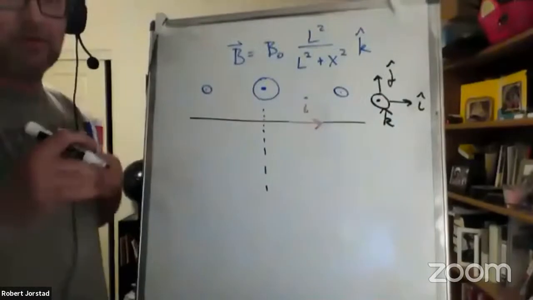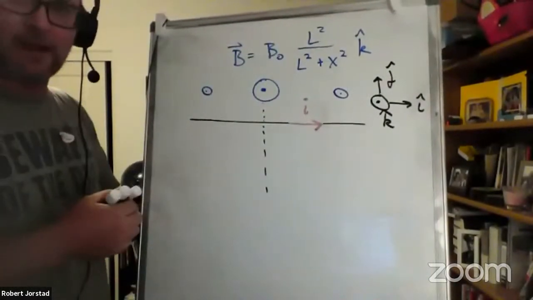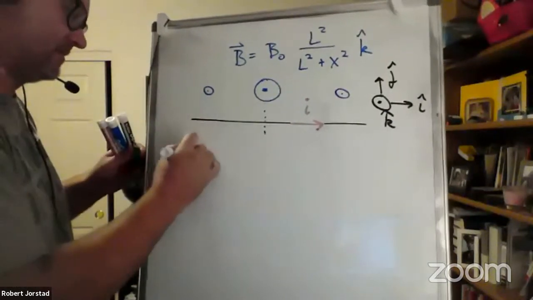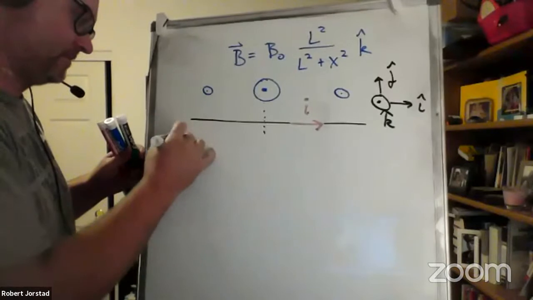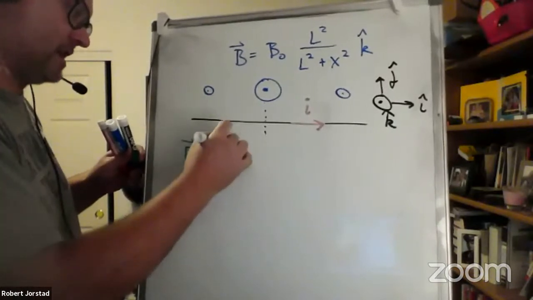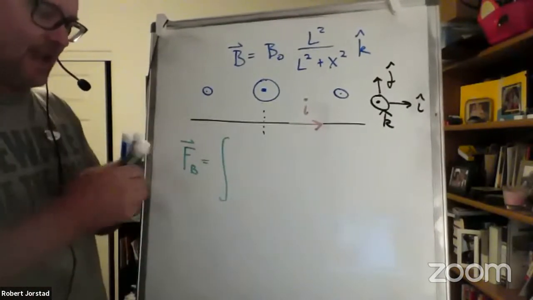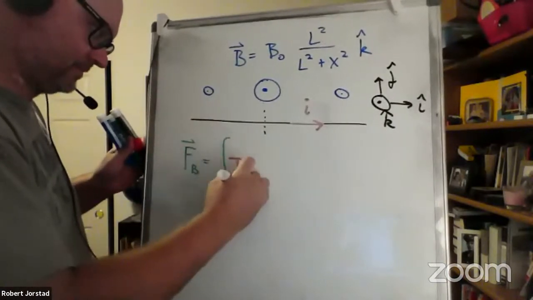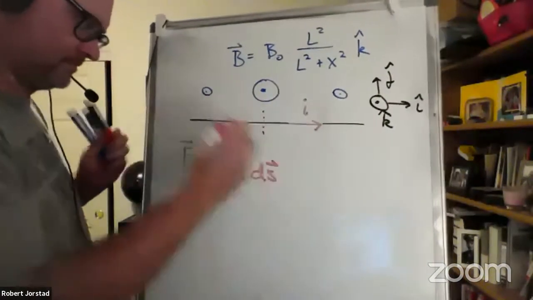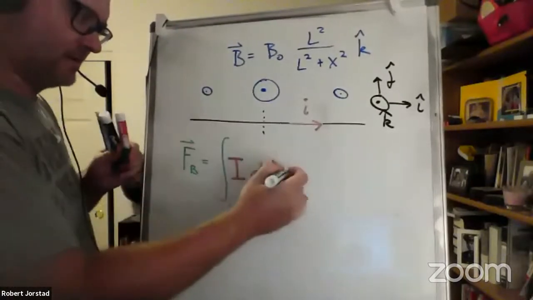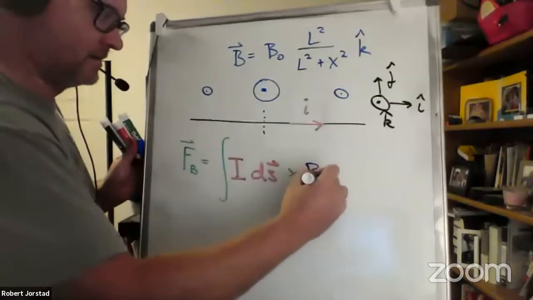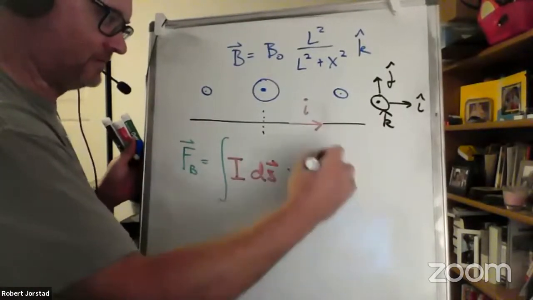Next, what is next? We're trying to find the force, right? So the force, in this case, is equal to the integral of I ds cross B. And I'll call this B external.